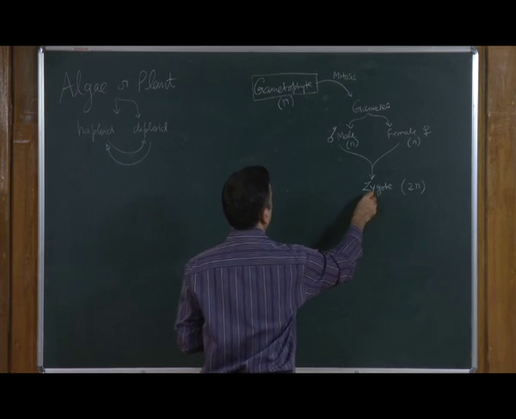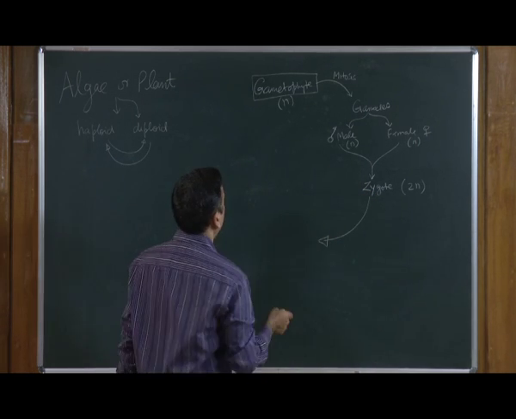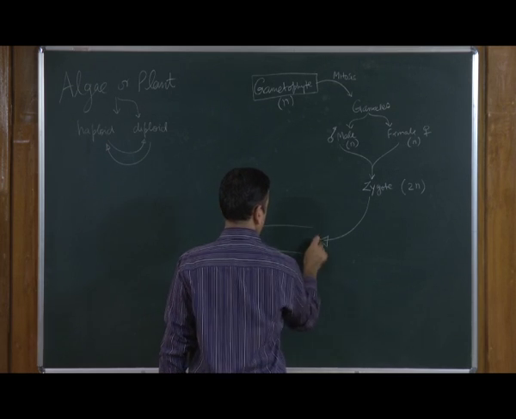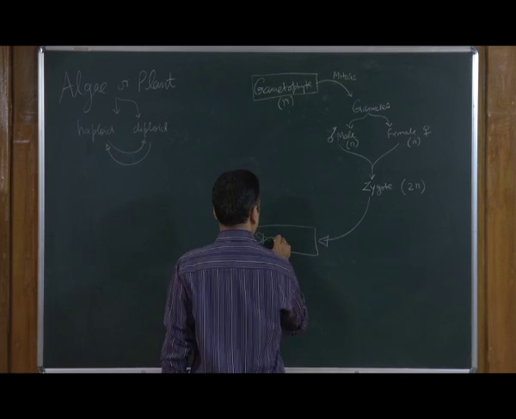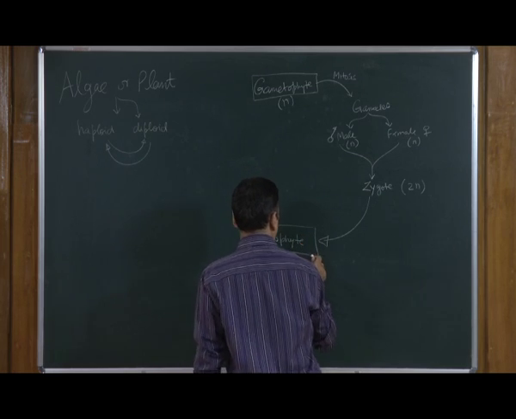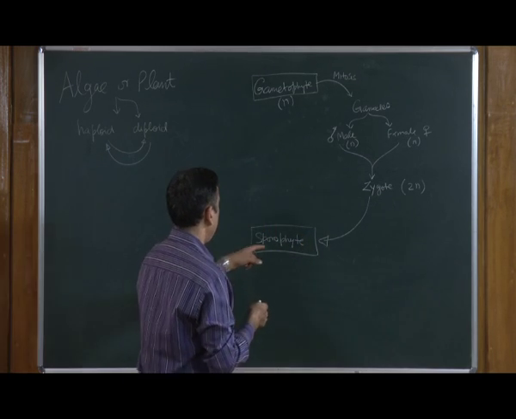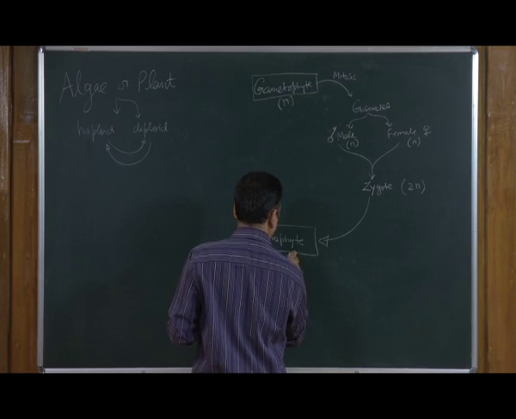That zygote then grows and develops into another structure called the sporophyte. The number in the sporophyte is 2n.